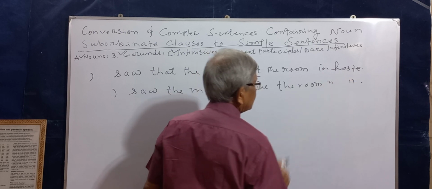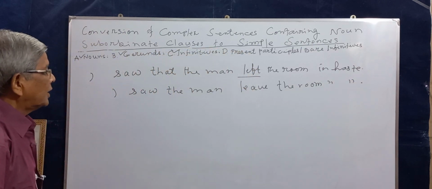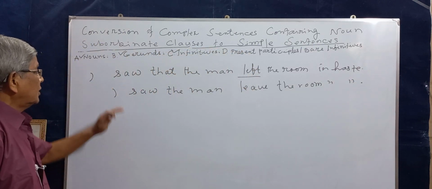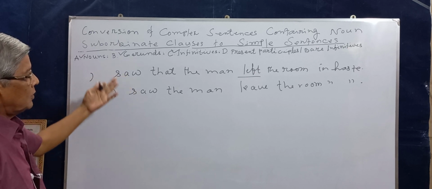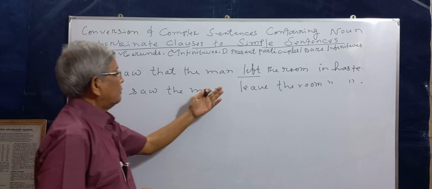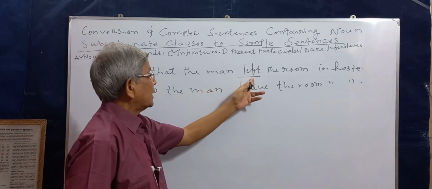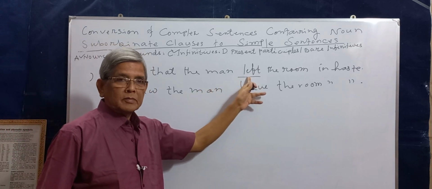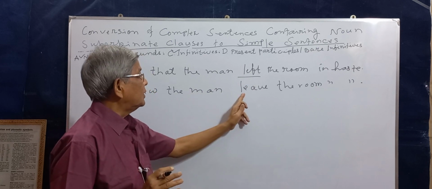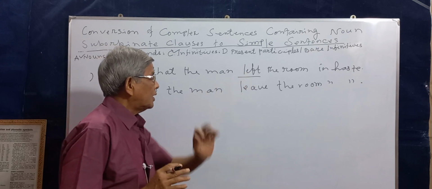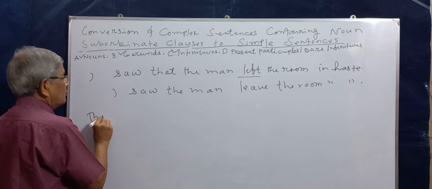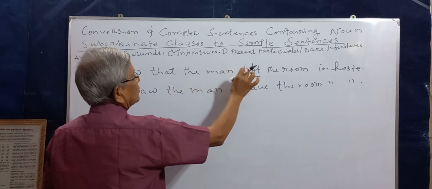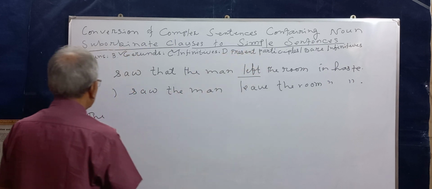I saw the man leave the room in haste. Verb of perception, it may be present tense or past tense. The man left, active voice, past simple tense. Simple tense, use the base form. But if the verb is in the continuous tense, use the present participle.